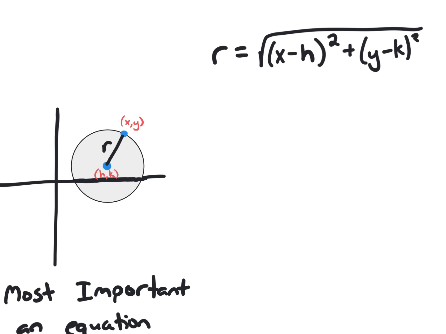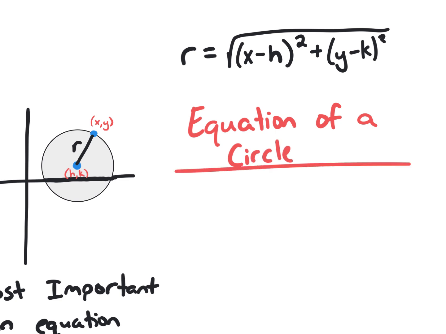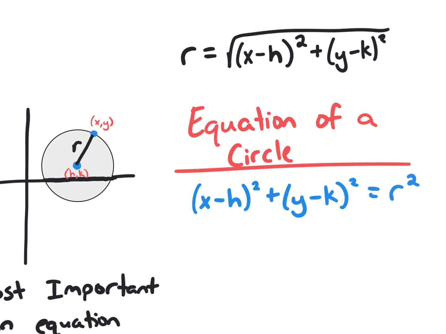But now we're getting to the most important part. We're going to talk about the equation of a circle, which comes from the distance formula. Highlight this, circle this, or something. Equation of a circle. This is your best friend. You just met today, but you're best friends. X minus h squared plus y minus k squared equals r squared.